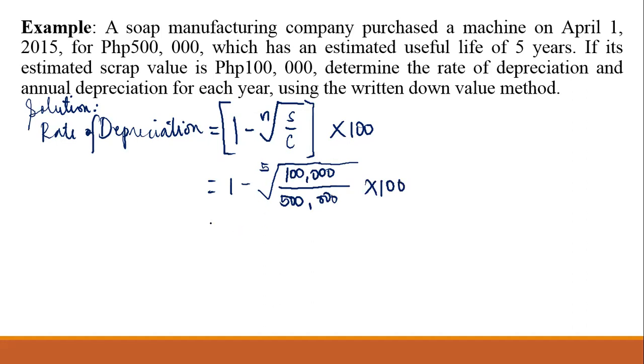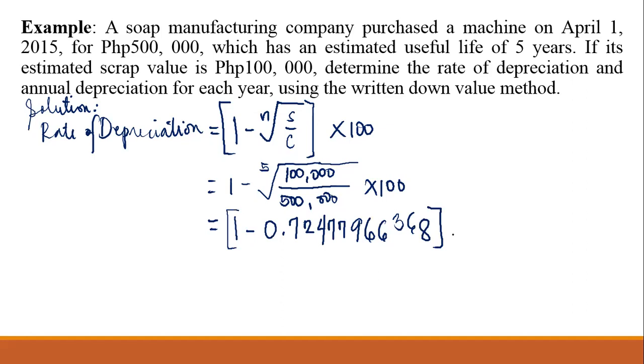Okay? So, tuloy lang natin. This is equal to 1 minus. So, we'll get the value of this one, yung naka-radical sign. Kaya, this is equal to 0.72477966368. So, sulat lang natin lahat ng digits, and then, bago tayo mag-round off.